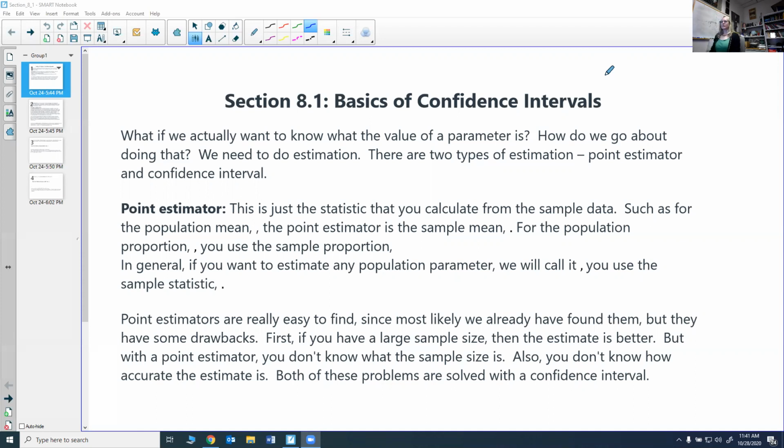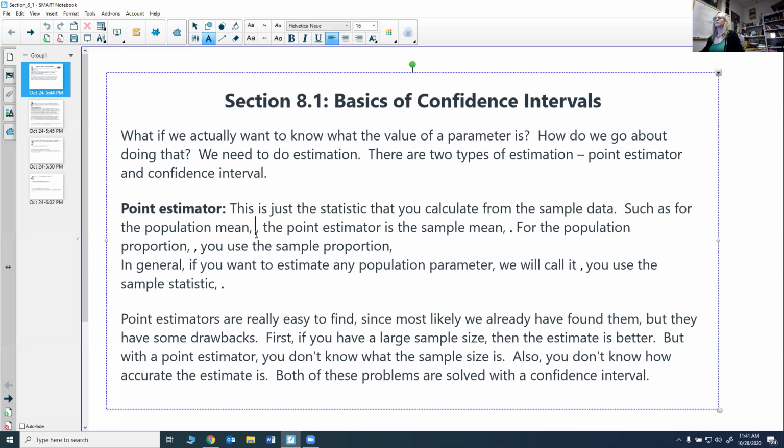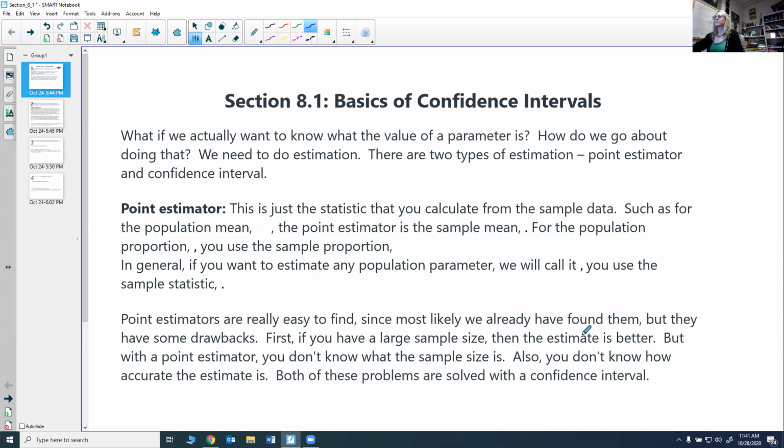A point estimator you've actually already seen. This is just some statistic that you calculate from the sample data. Like the population mean, the symbol for the population mean that we use is mu. For that, we want to get what we call the sample mean.